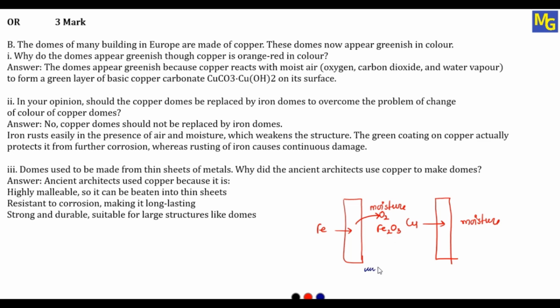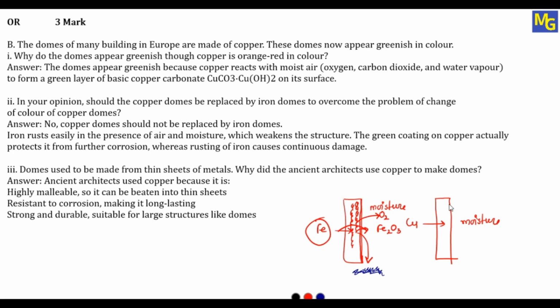It will not remain attached to the iron piece, and due to this, once the first layer of the iron undergoes corrosion, that will fall down as iron oxide. Then the second layer of iron atoms will undergo corrosion, that will fall down as iron oxide. Then the third undergoes corrosion, and like this, corrosion will be continuous in case of iron. So it will destroy all the iron metal.